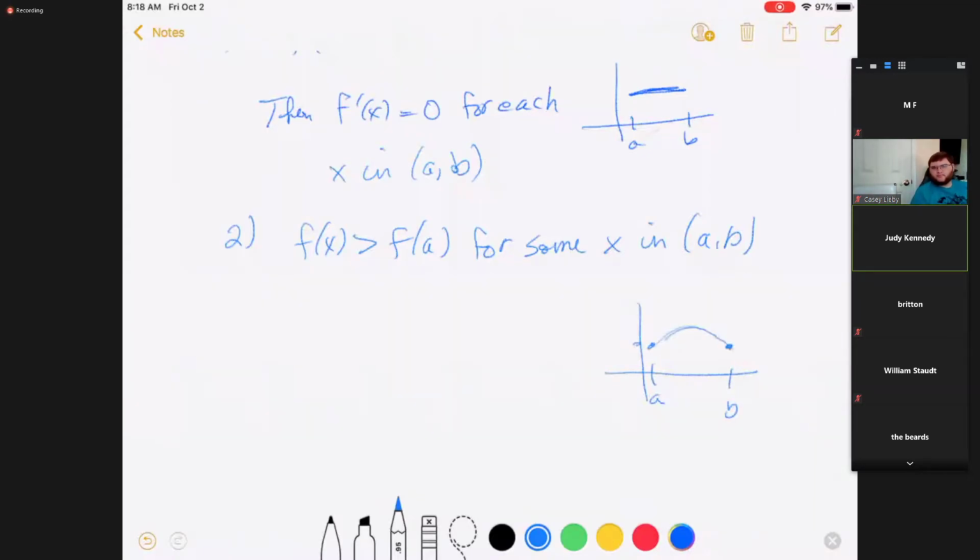So it pops up above the level of f of A someplace. Well, we can use the extreme value theorem. We have a continuous function defined on a closed interval, and the extreme value theorem says we're guaranteed an absolute maximum and an absolute minimum. In particular, we're guaranteed an absolute maximum.